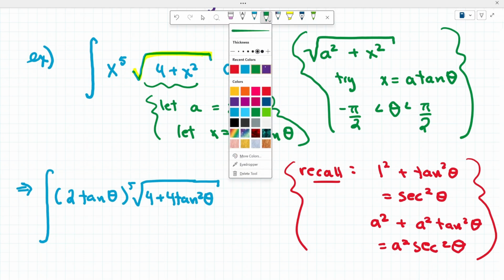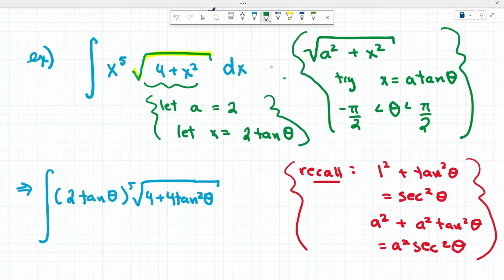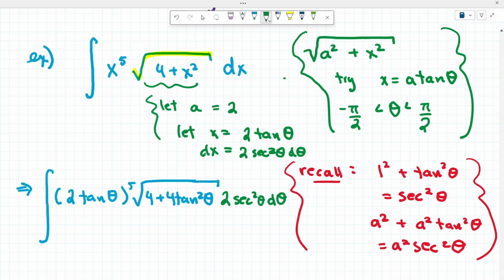If x is 2 tan theta, then dx equals 2 secant squared theta d theta, because the derivative of tan is secant squared. So we add that in over here, multiplied by 2 secant squared theta d theta.